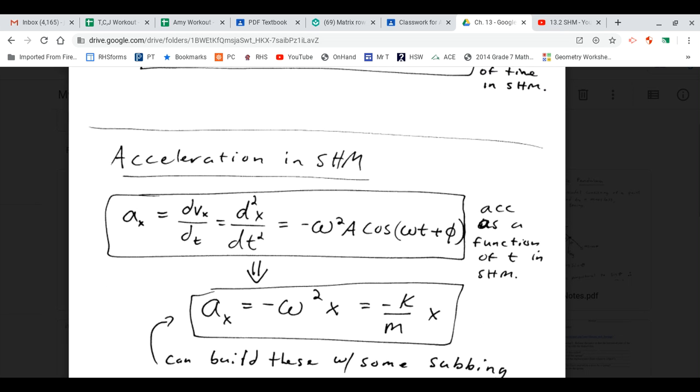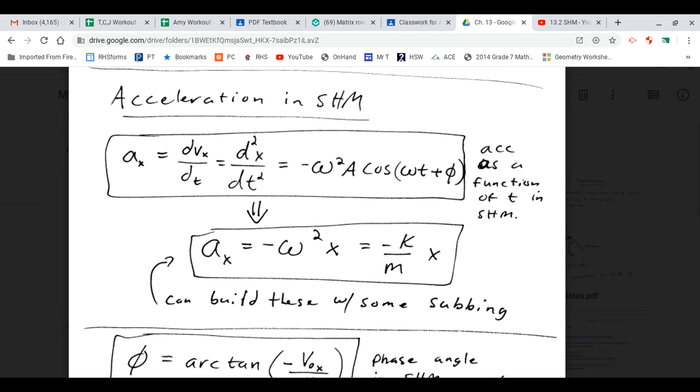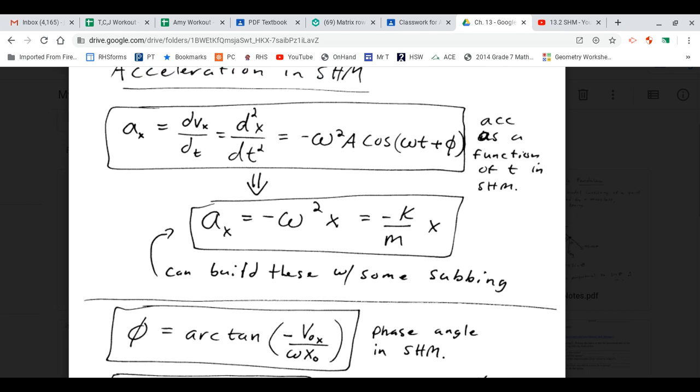So we should all be capable of the calculus to get from one of those to the next. Now after this, I'm going to save some time here and not show you all the derivation, but with some substitution going on with some of these equations and some of the other ones above in the chapter, the smaller equations, we could find some other formulas for acceleration.